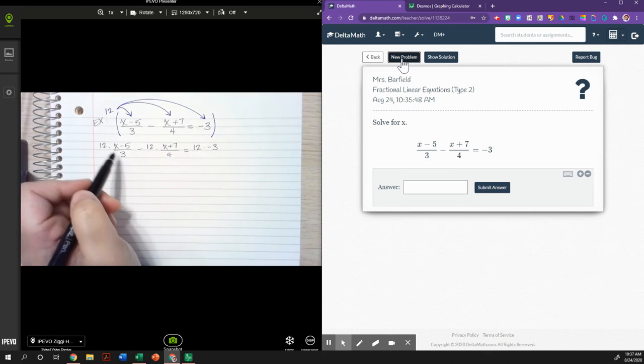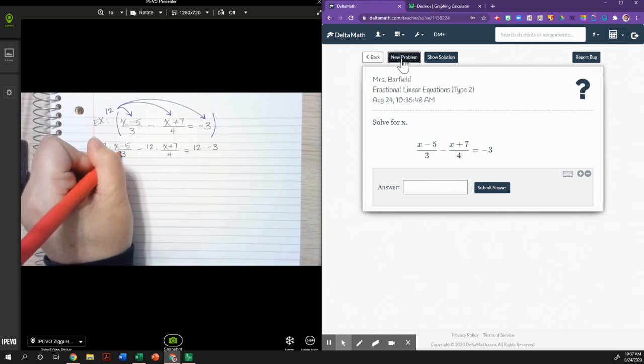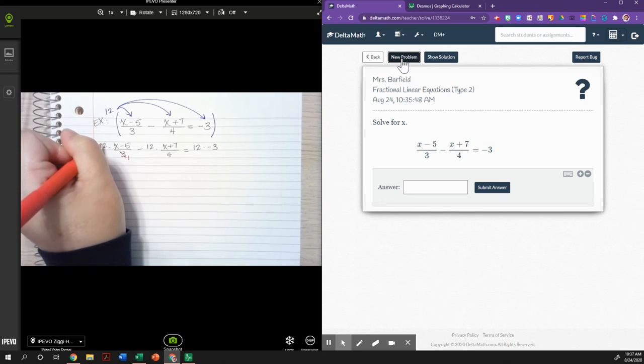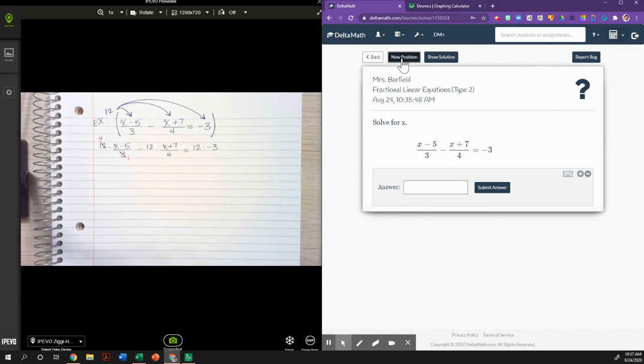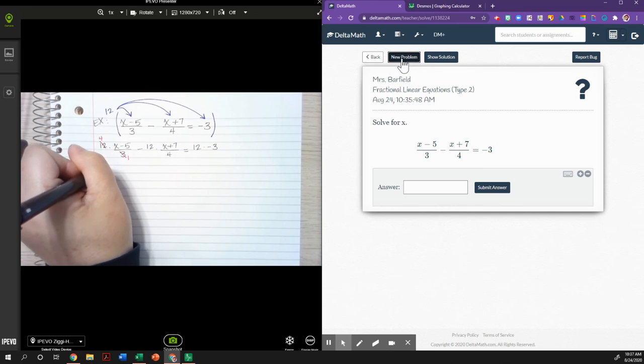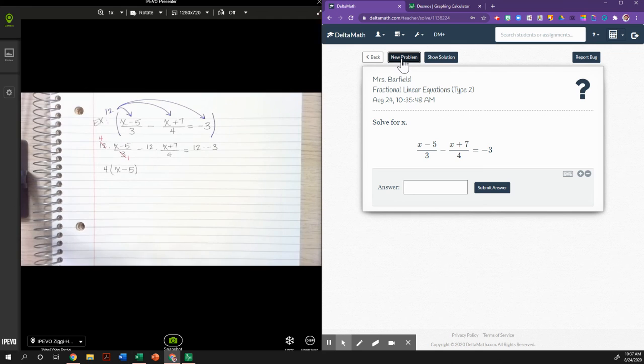Okay, now because I'm multiplying, this 3 and this 12, I can divide both of them. So if I divide 3 by 3, I get 1. And if I divide 12 by 3, I get 4. So that means I get 4 parentheses x minus 5.